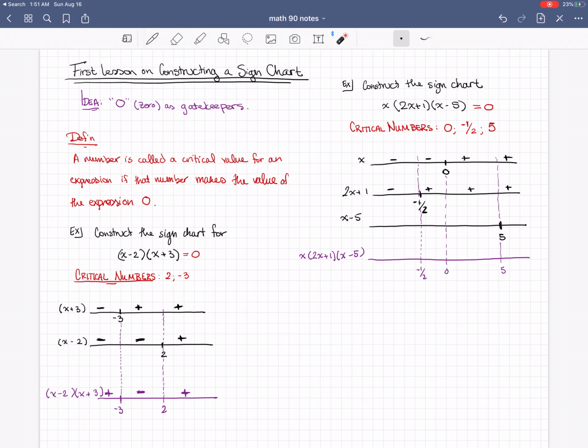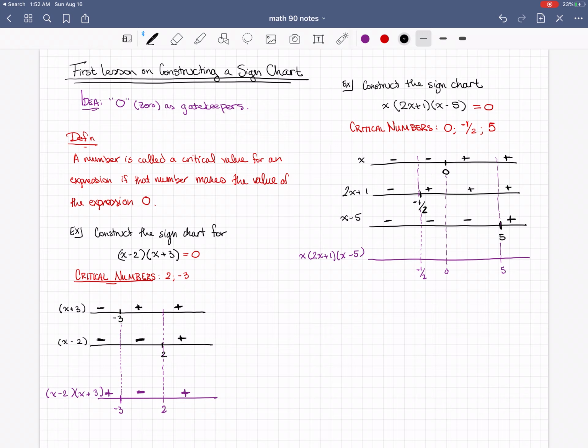So it's important that you're engaging and you're not just automatically assuming positive on the right, negative on the left, because it won't always work that way. It will work that way a lot, but not every time. It does work that way for x minus 5, however. x minus 5 is positive when x is to the right of 5 and negative everywhere else.